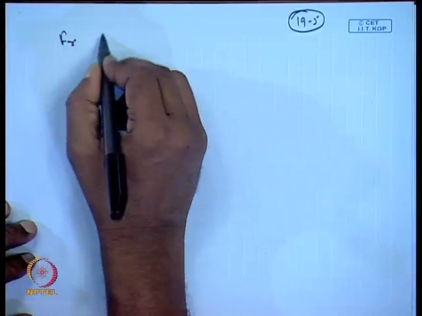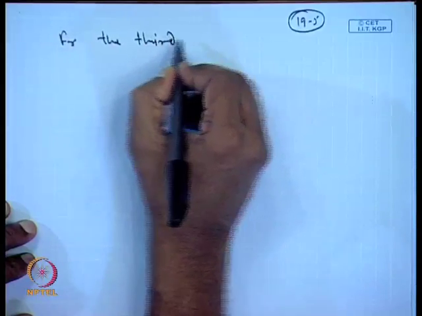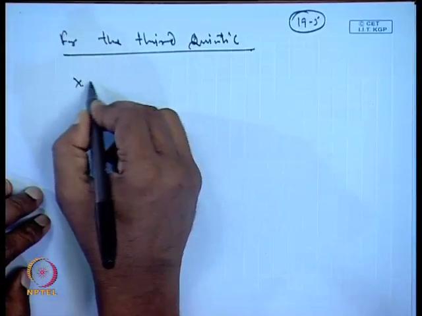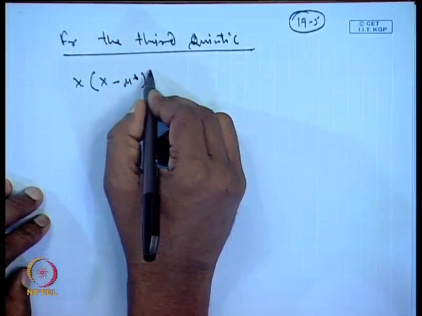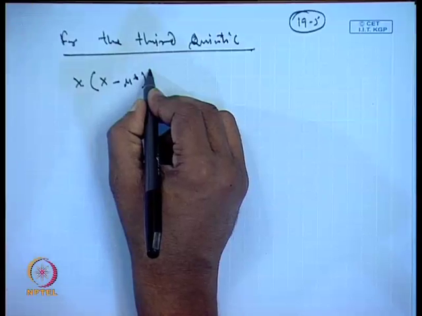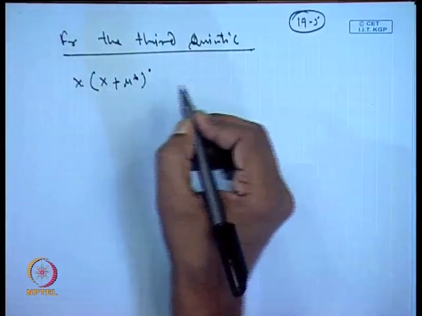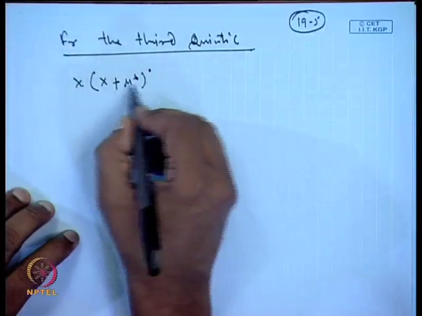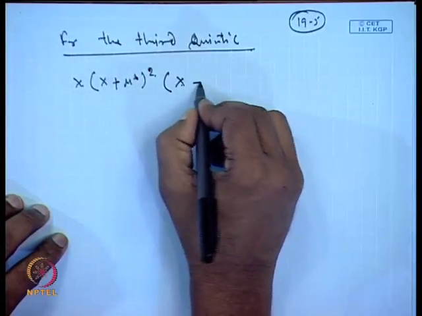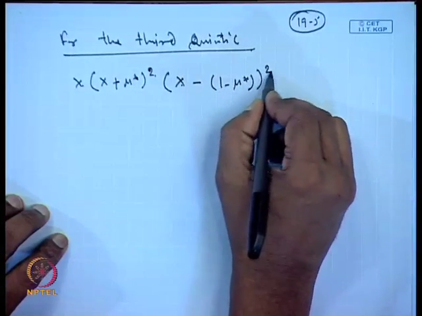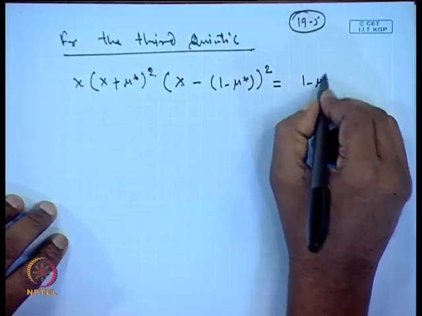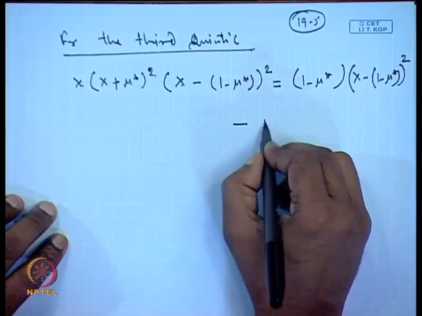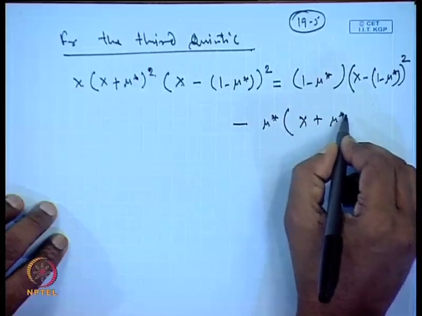Okay. Now, for the third quintic, we have written it as x times x minus mu star, plus x times x plus mu squared times x minus 1 minus mu star whole square, equal to 1 minus mu star times mu star times whole square.